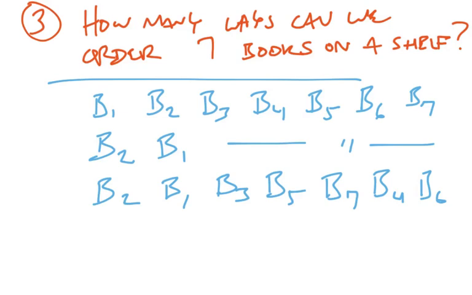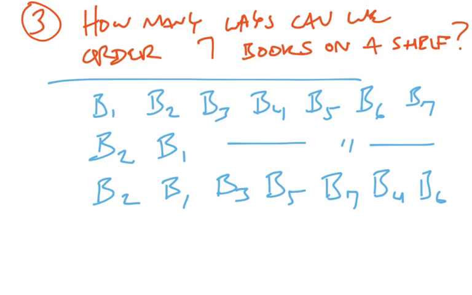So the question is, how many different ways can this be done? So what we need to do is think about this problem in the context of the fundamental counting principle. That is, think about it in the context of different decisions that need to be made in some sort of order.